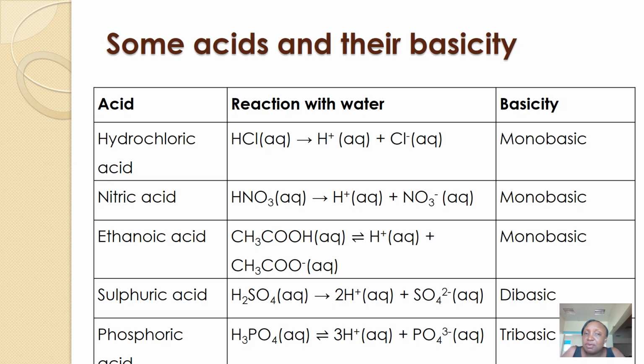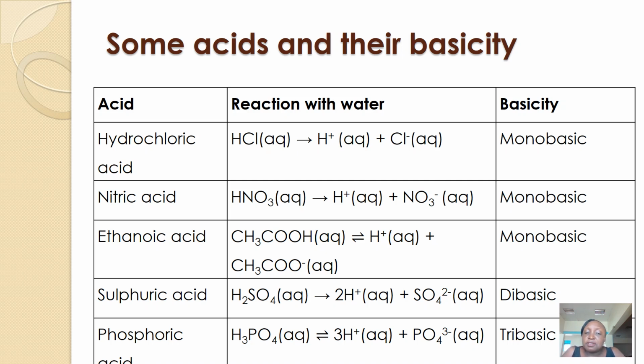Then we have sulfuric acid, which ionizes to give us 2 moles of hydrogen ions, okay? And the sulfate radical. And then we say it is dibasic. So its basicity is 2, and the acid is said to be dibasic.